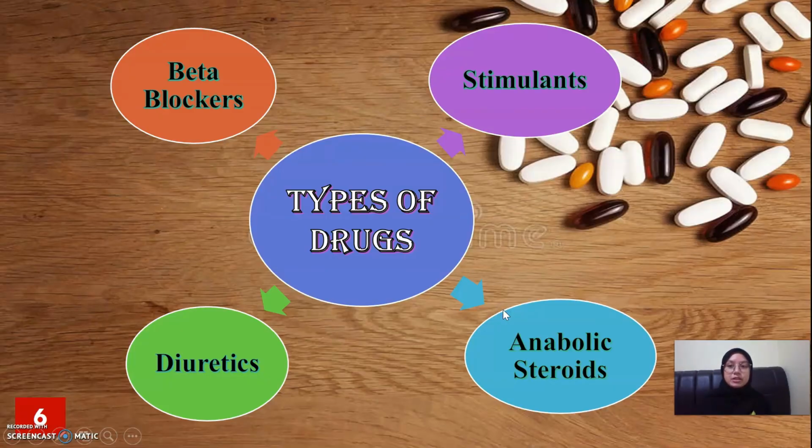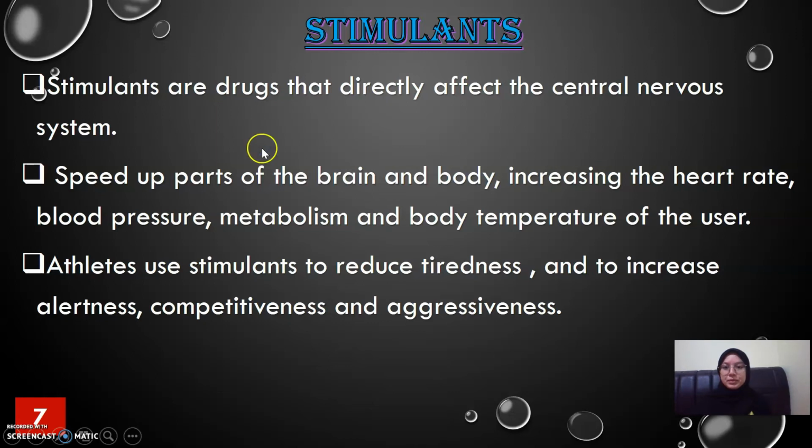Okay, there are four types of drugs. First is stimulants, anabolic steroid, diuretics, and beta blocker. First is stimulants.